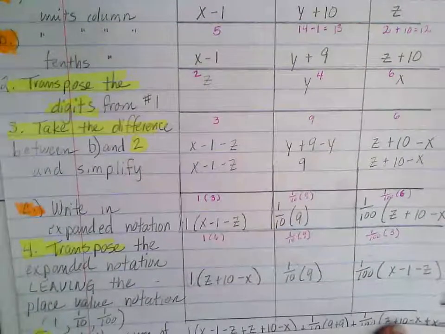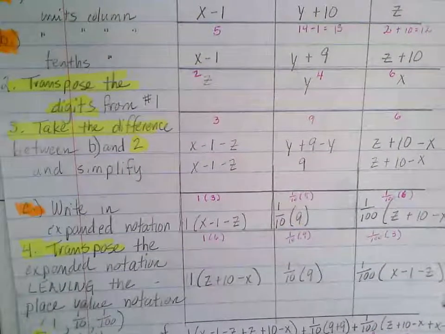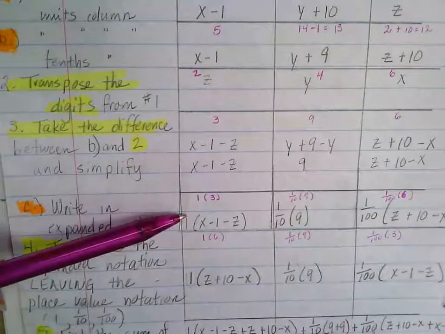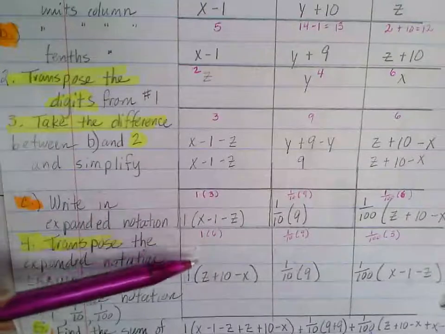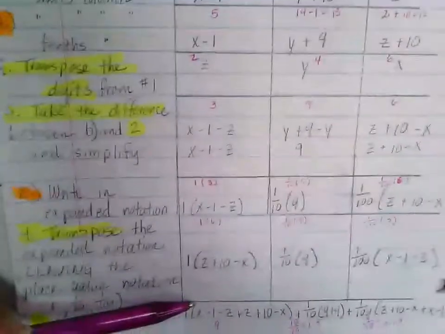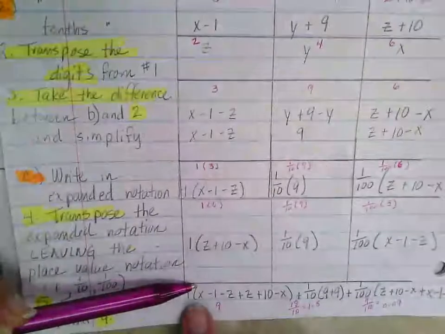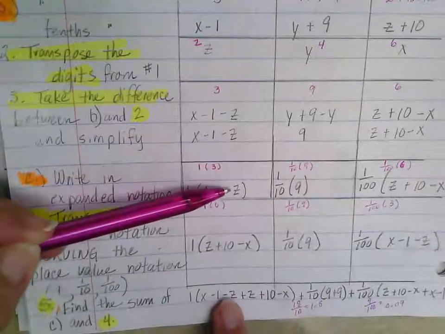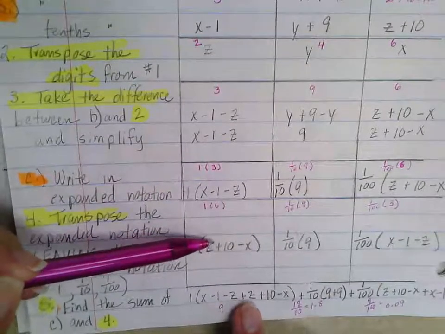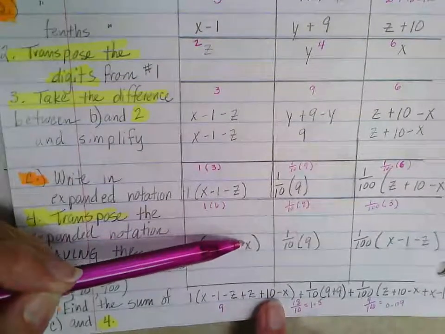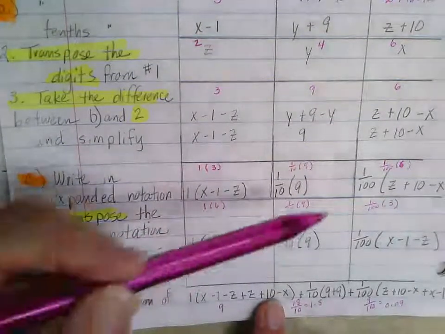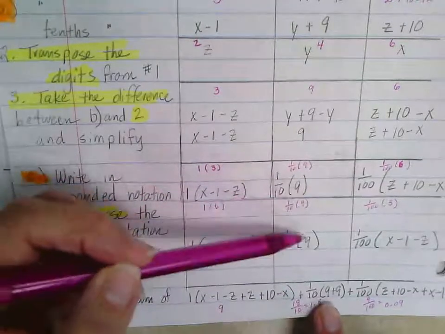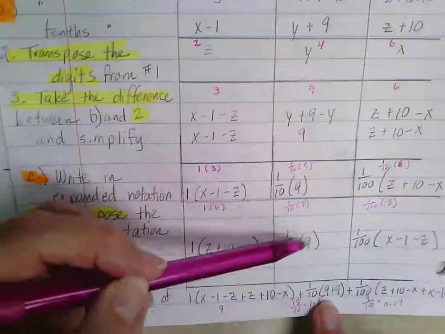Then I'm going to find the sum of 3 and 6. So that is this expression plus this expression will give me 1 times the quantity X minus 1 minus Z plus 10 minus X. And then here I'm going to have 1/10 times 9 plus 9 because I'm adding these.